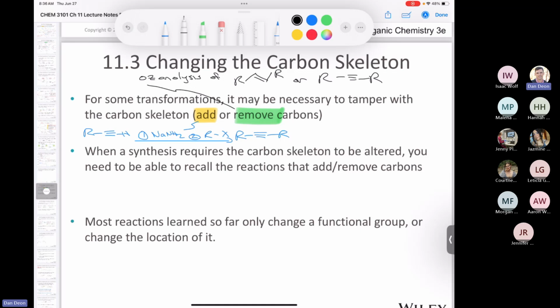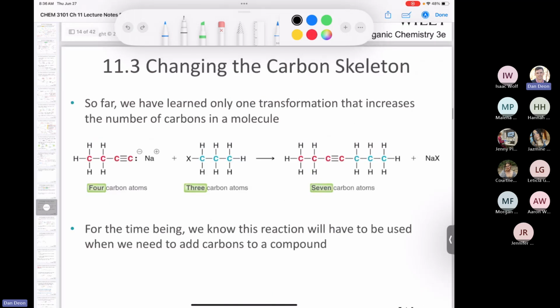But so far, most of the reactions that we've learned only involve changes of functional groups and moving the location. They don't involve changing the carbon skeleton. So again, hear the sound of my voice, my friends. We've only learned one way to increase the number of carbons in a molecule, and that is to take a terminal alkynide or acetylide and do an SN2, right?